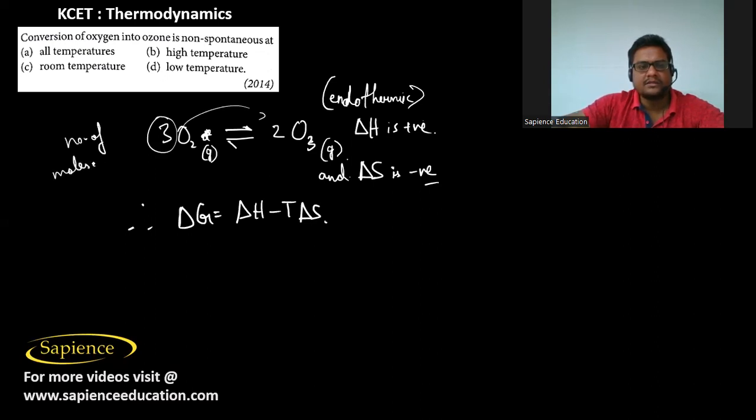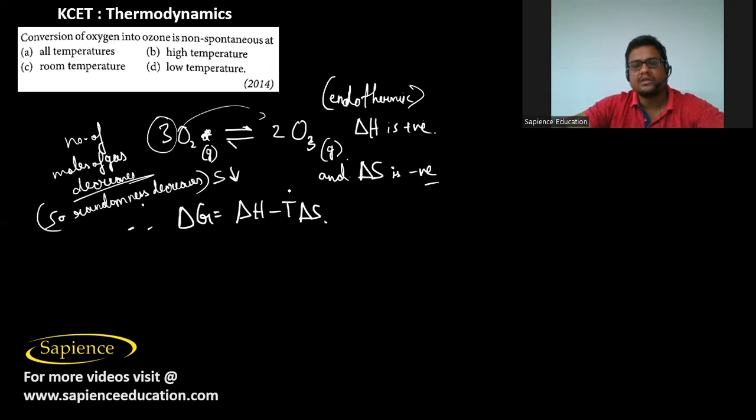So it means the randomness, the disorderliness, decreases, so the entropy also decreases. The final entropy is less than the initial entropy, so the change in entropy, final minus initial, will be negative.